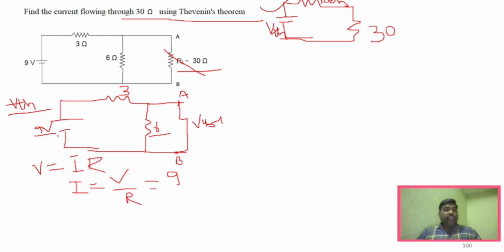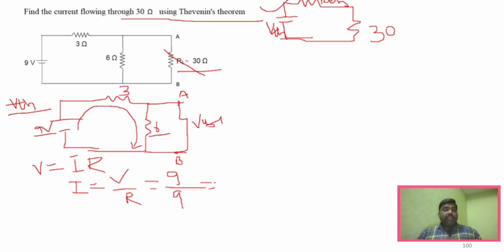We see from the source side, make it very clear. Seeing from the source side, the current flows like this, so now these resistances 3 and 6 become series. If they become series, we add them: 3 plus 6, we have 9.